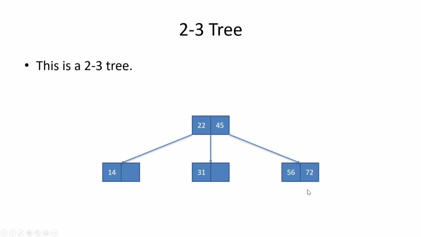And then finally, our other node here has values that are greater than 45. So we can see that our binary search tree invariant is upheld, but more specifically, our B tree invariant, all of the values are true for this one here. So this is a B tree. Again, you can imagine searching for a value. Say you want to search for 31.